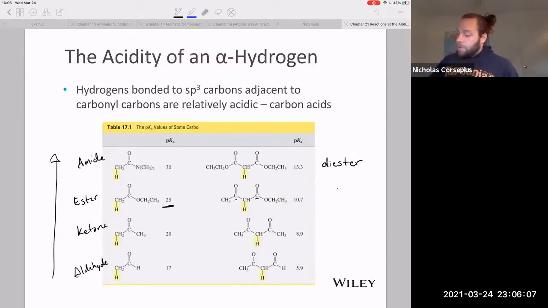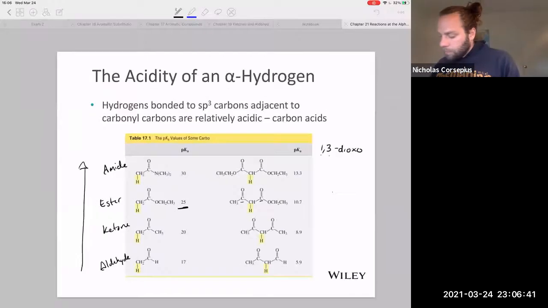And then also, if you have what could be broadly called a 1,3 dioxo. Remember, oxo is another name for the carbonyl group, right? So located 1 and 3 carbons apart. That will drop your pKa no matter what functional group or carboxylic acid derivative you're talking about. If it's a 1,3 dioxo, you can bet that the pKa is going to be quite a bit lower.